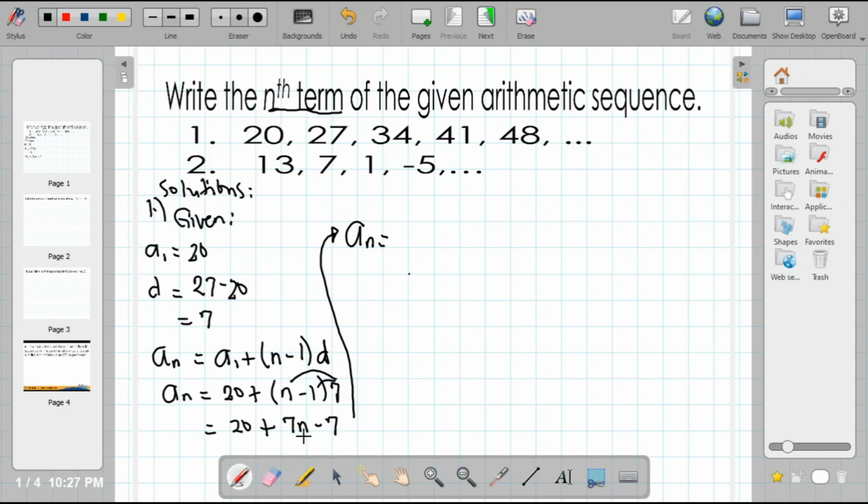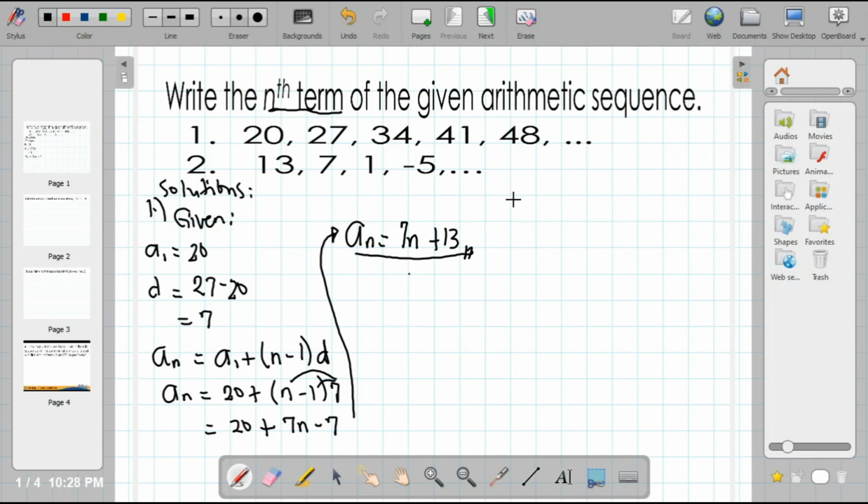What are similar terms? These are terms with the same literal coefficient, meaning they have the same variable and exponent. So in this case, 7n, we have no similar term, just copy. 7n, and then we combine 20 and negative 7, and that is positive 13. Therefore, the a sub n for this certain sequence is 7n plus 13.